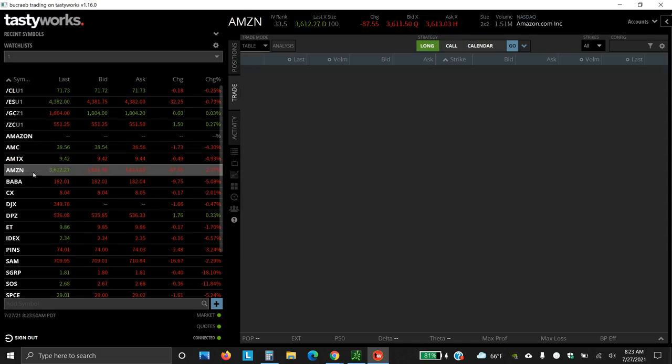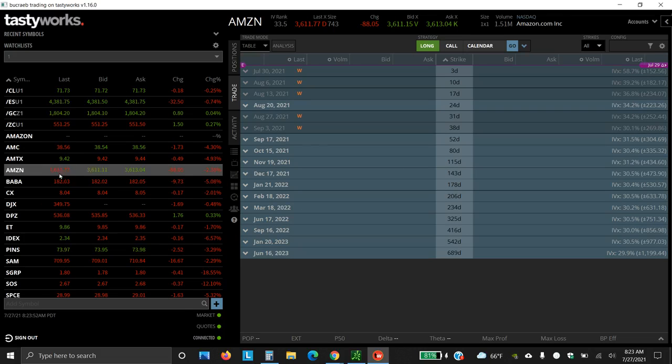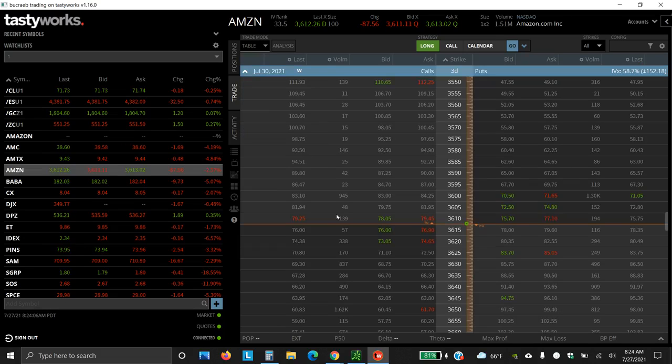There it is. Amazon is $3,611 a share. The reason you want to apply for spreads is for people that don't have a lot of capital to work with, so you have to apply for option spreads.